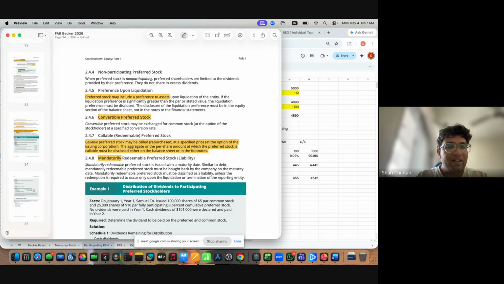So mandatorily redeemable preference share is issued with a maturity date. Similar to that, mandatorily redeemable preference stock must be bought back by the company on the maturity date.